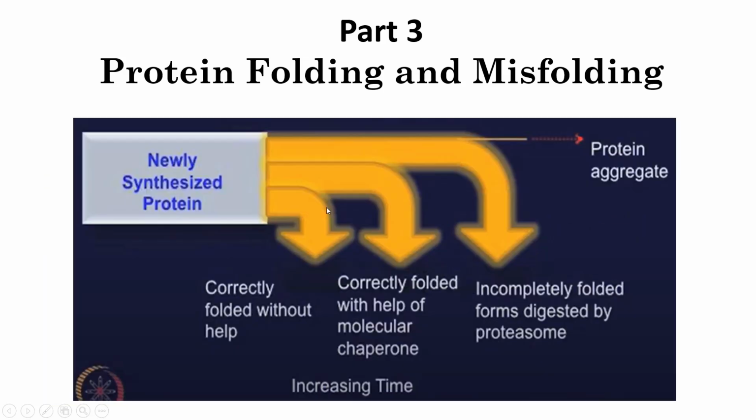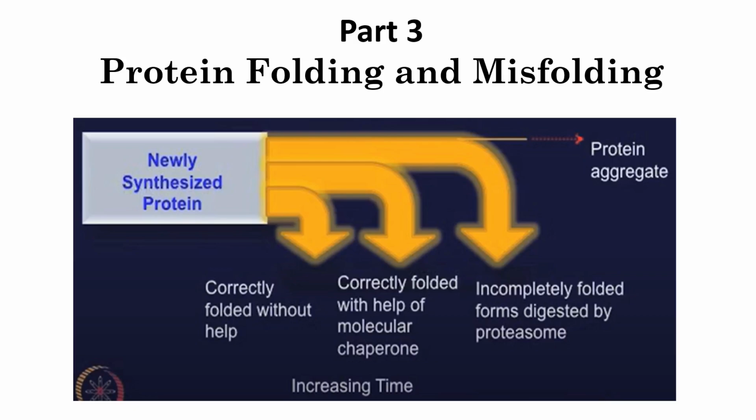Talking about misfolding, a newly synthesized protein needs to be correctly folded, either without help or with the help of molecular chaperones. There are different chaperones present in our body which help the protein to get folded properly, because folding on its own is a difficult task, as we just discussed.